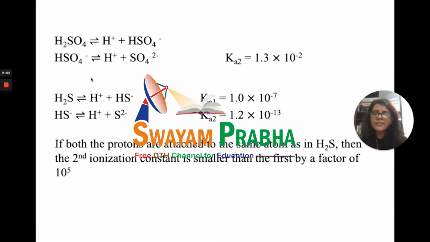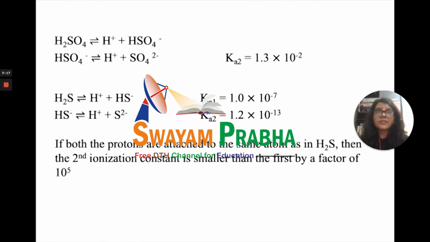Just see two other examples, sulfuric acid and H2S. Now, in the case of H2SO4, you have two protons. The first proton H+ is coming from a neutral molecule, and you have H+ and HSO4 minus. In the second step, HSO4 minus also ionizes as H+ and SO4 2 minus. Just see, Ka1, you do not even know.